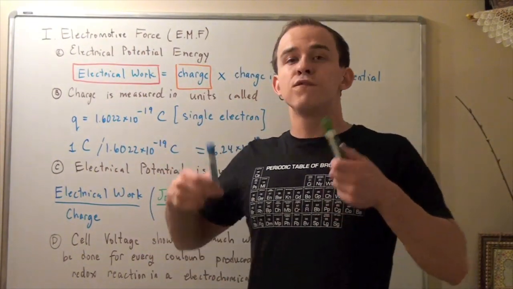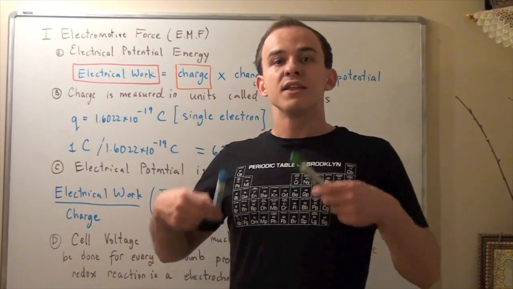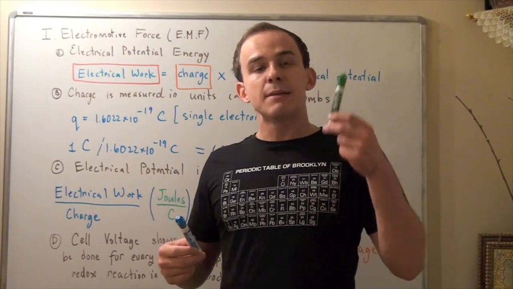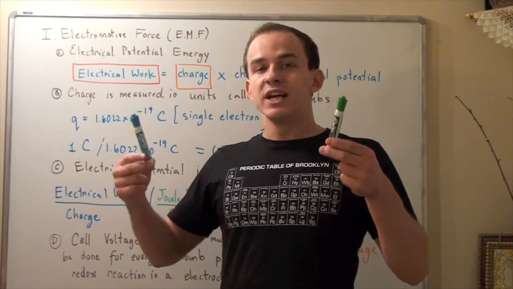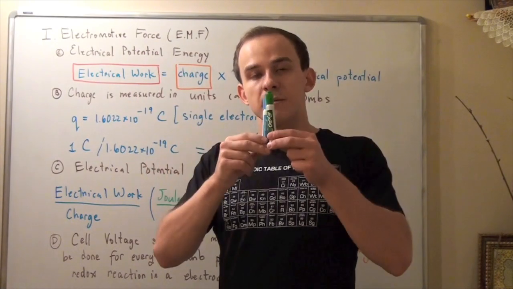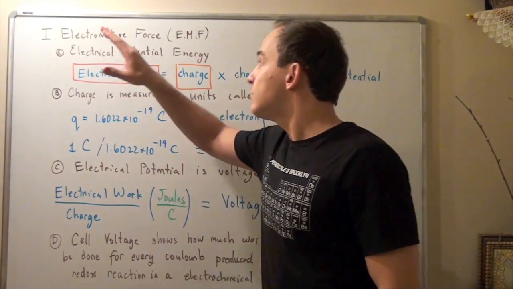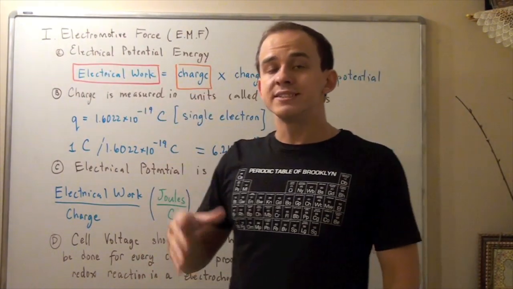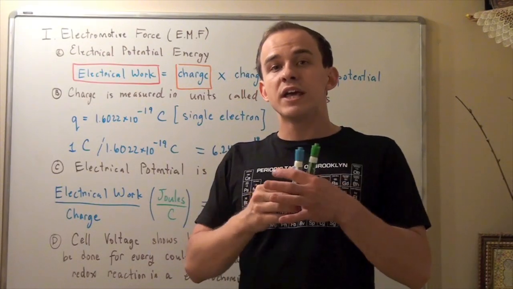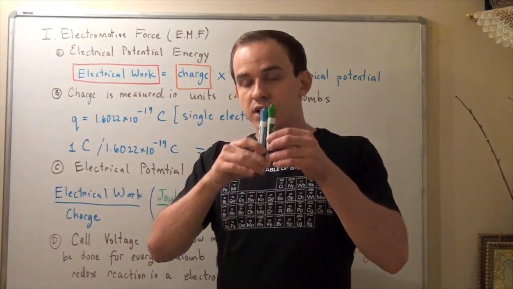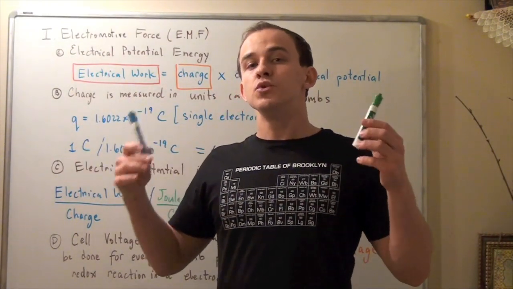And the pull, or the force, is given by the gravitational constant times mass 1 times mass 2 divided by the distance between them squared. Now the electrical potential energy is similar to this concept, except now they will pull each other not due to mass but due to charge.